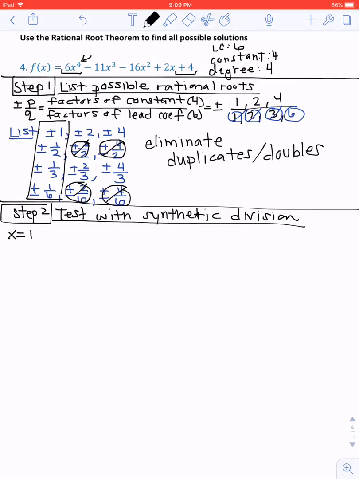Right, if you checked 1, it shouldn't have worked. If you checked negative 1, it should not have worked. All right, so try your 1/2. Pause it if you need to take a little more time, but you should be able to do them pretty quickly now.